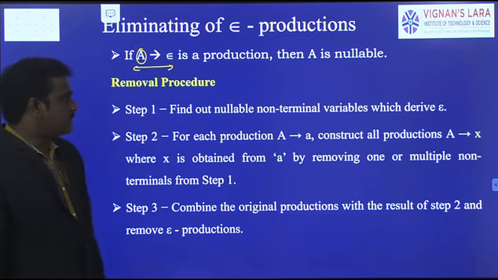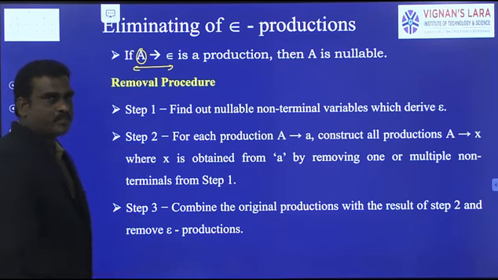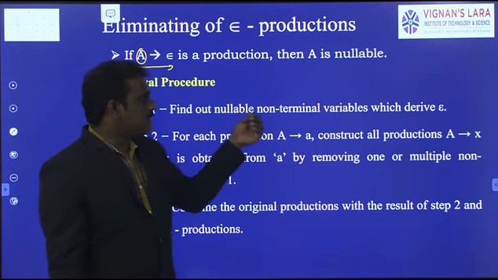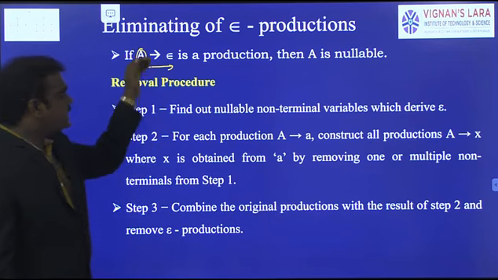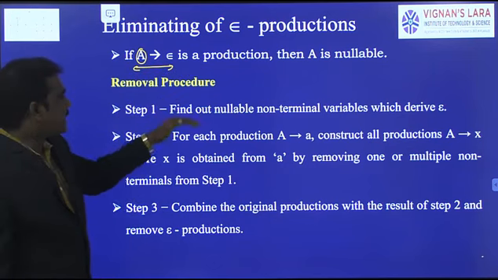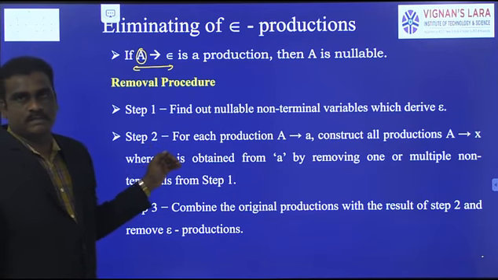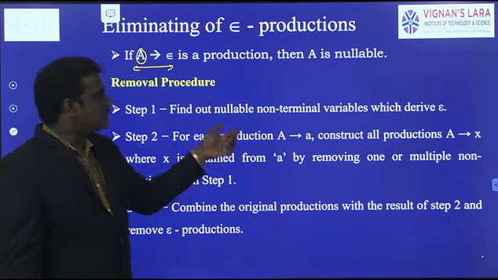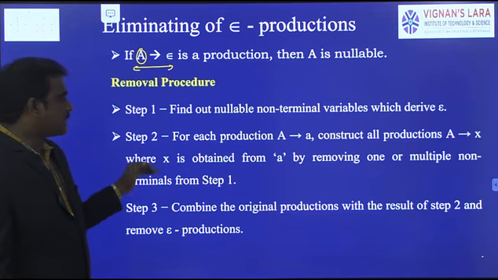So what is the process? We have to follow a total of 3 steps. In step 1, find out nullable non-terminal variables which derive epsilon. A given context free grammar may contain 0 or more nullable productions. So first we have to identify the nullable productions like this. And the next one, step 2.